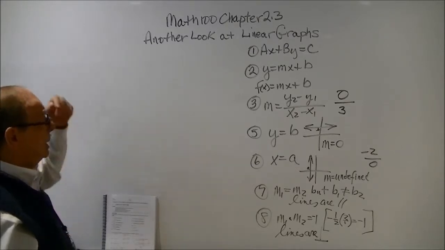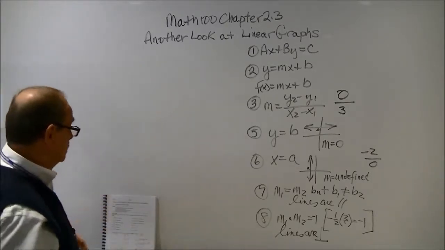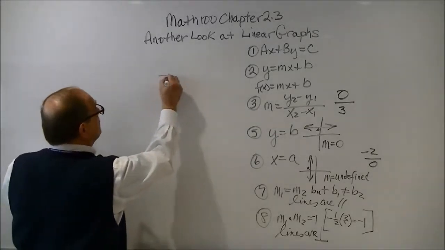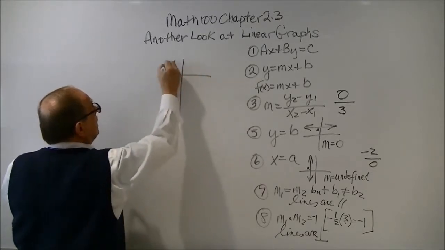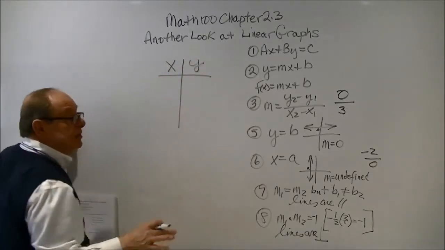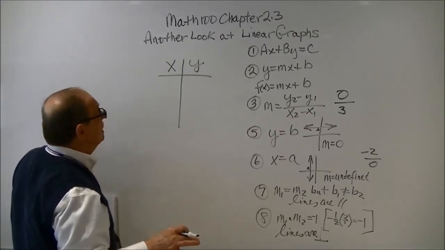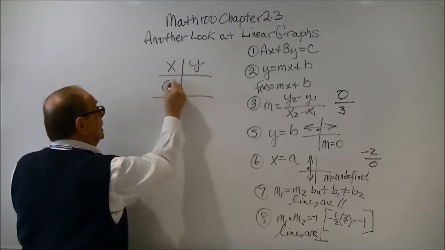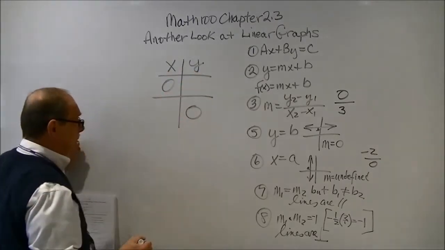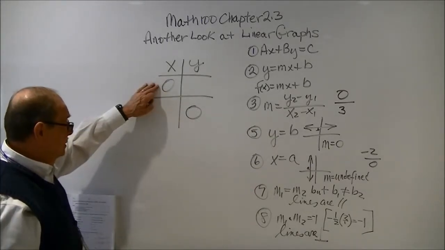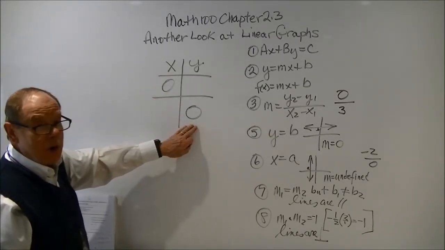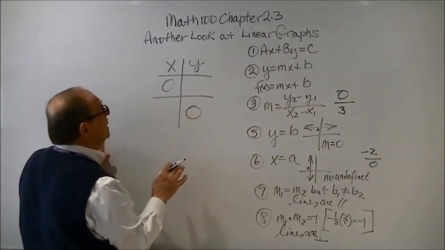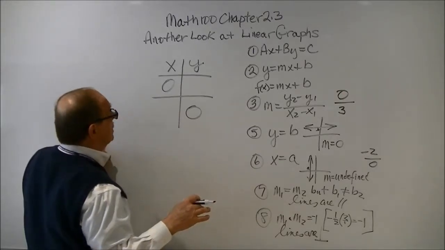Now, another thing we'll be looking at in this section is something I gave in a previous lesson, and I'll just review it here. We said there was a special T-chart that's very useful. I call this T-chart the X and Y intercept T-chart. If you make a T-chart, put a 0 there for x and a 0 there for y, and it's in standard form, it's very easy to use, and I'll show you one of those later.